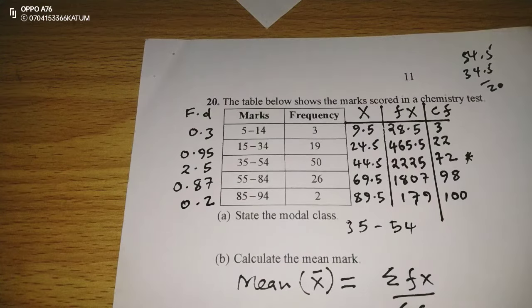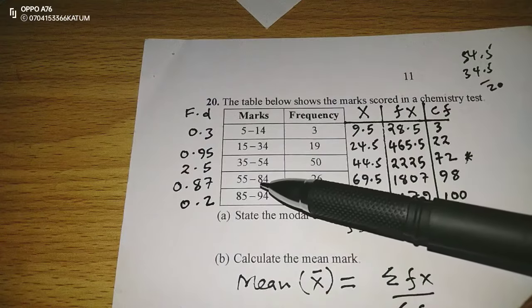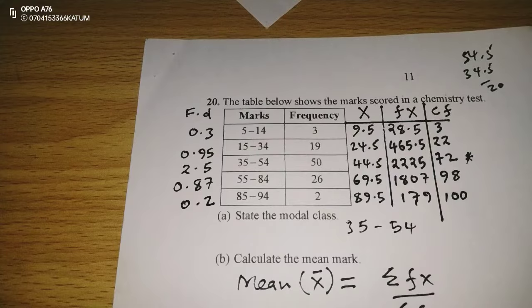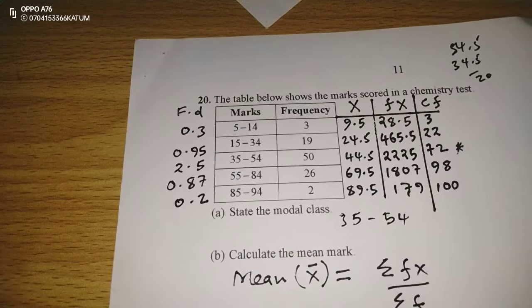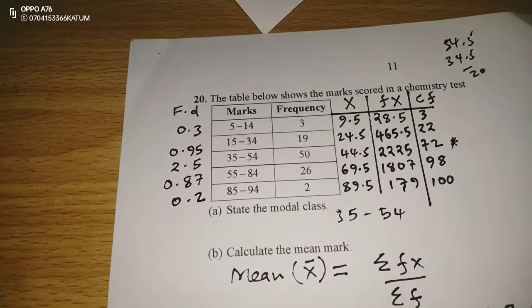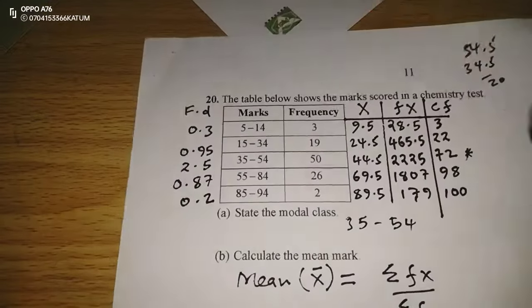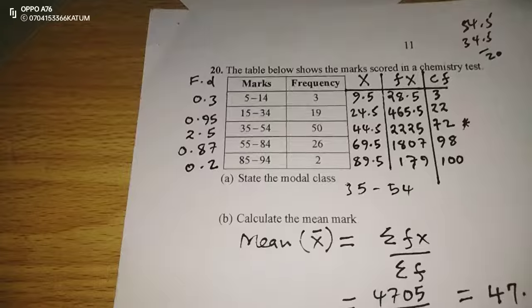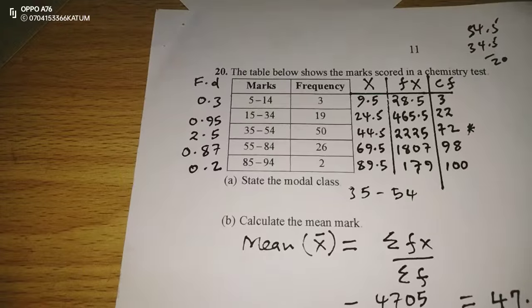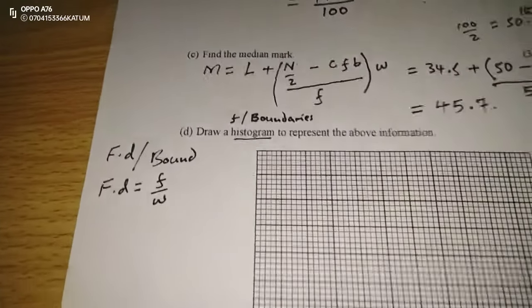Therefore, now that we have frequency densities and we have the limits, such that obtaining the limits is not an issue, we can now plot frequency densities against class boundaries. Therefore, I will get to my grid here.